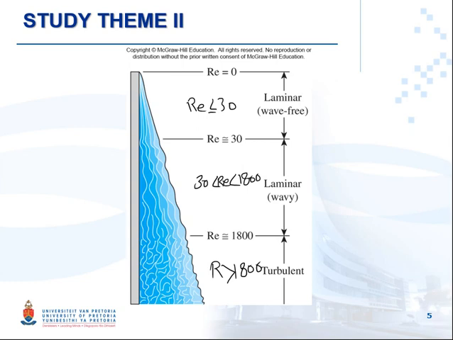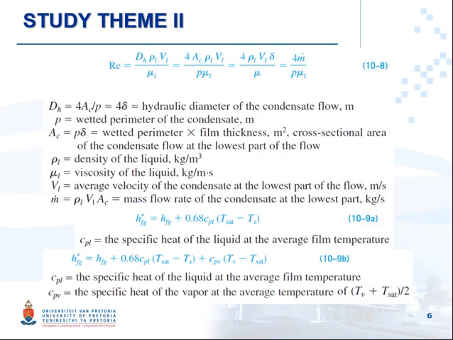So let's start with the Reynolds number. Why? Because we said that it's based on the Reynolds number. If you don't find the Reynolds number, you can't really say what kind of condensation you are talking about. Am I right? So first let's start with how to find the Reynolds number.